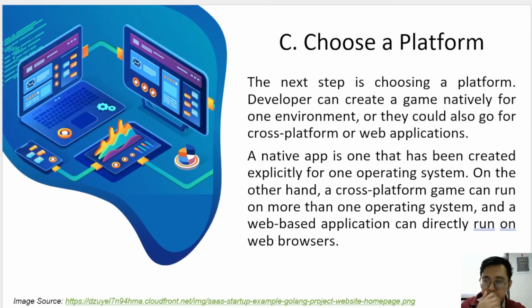Next one is the process to choose our platform. So there are a lot of game engine platforms that we can choose from, and it is the same as what we discussed earlier within the common general game engine development.